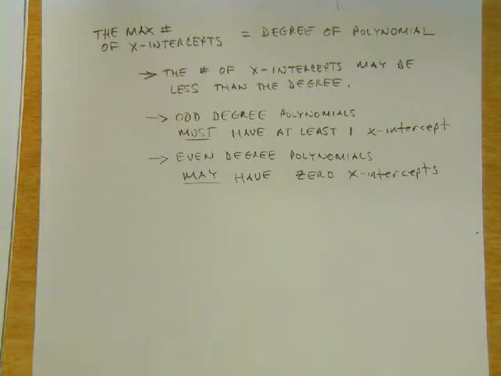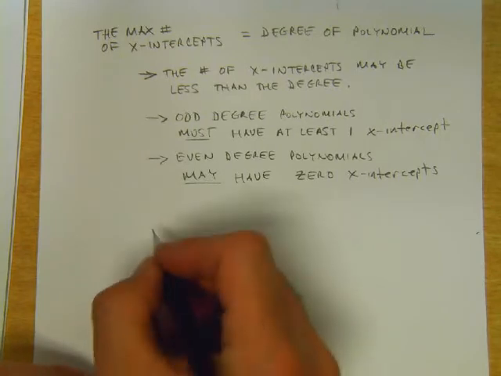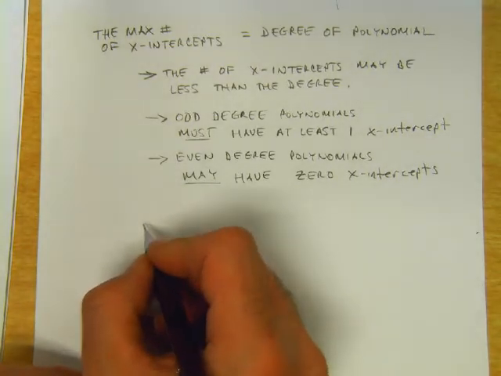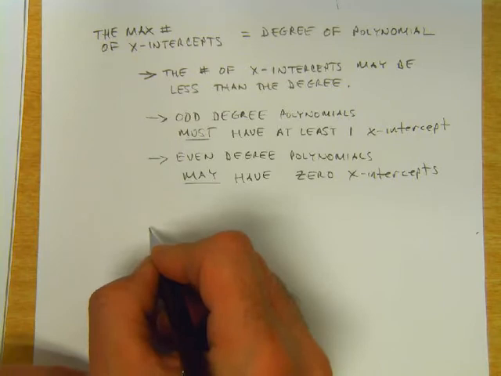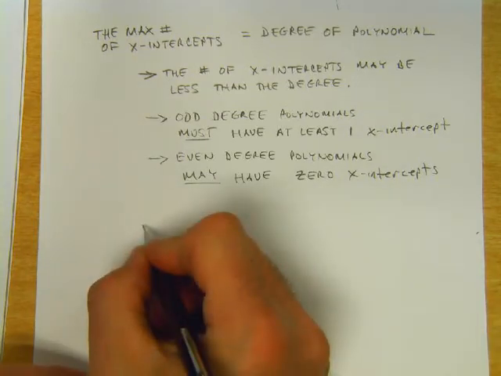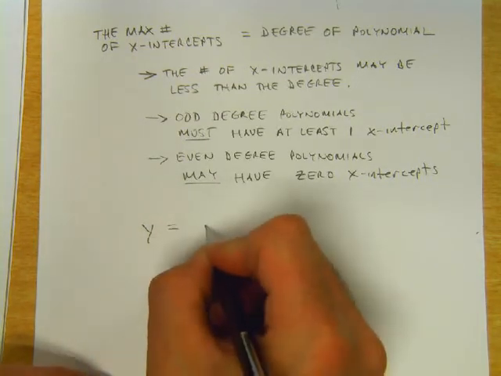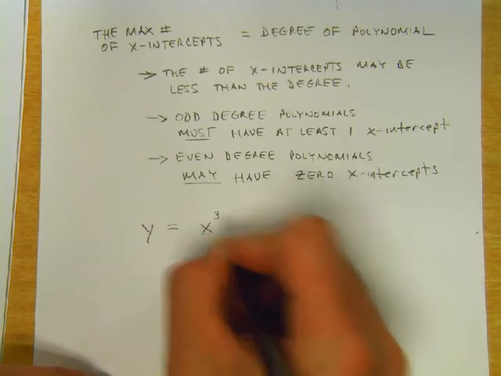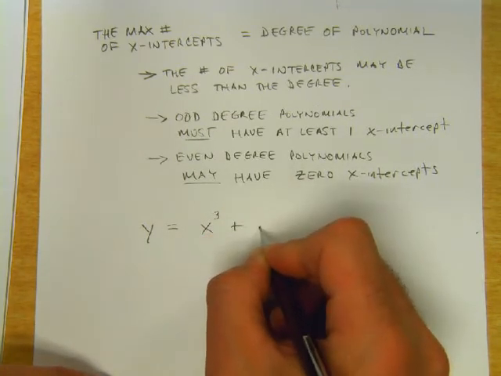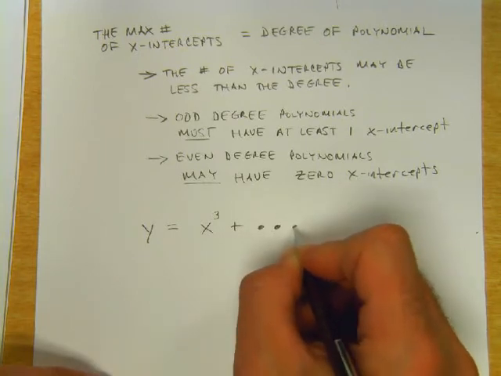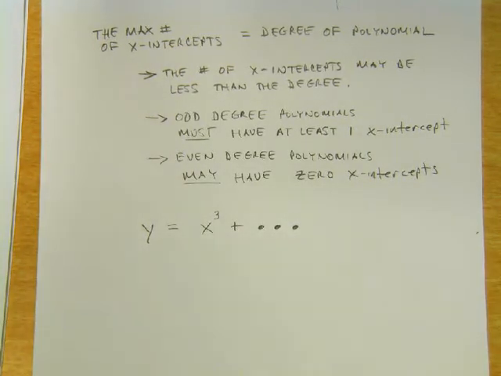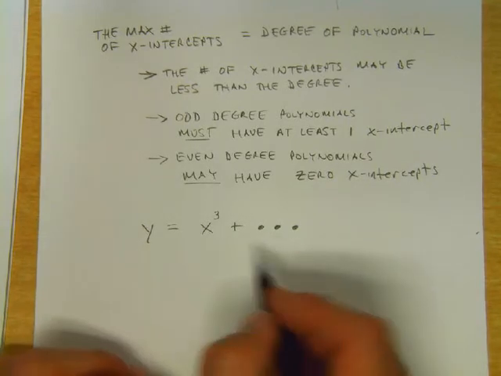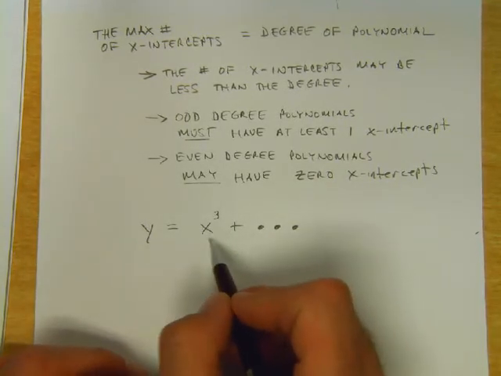I'm going to draw a really weird polynomial here as an example. y equals x to the third plus dot, dot, dot. The reason I'm drawing this is a third degree polynomial, and we don't know what the rest of the terms are. We only know the first term. So here's what happens.